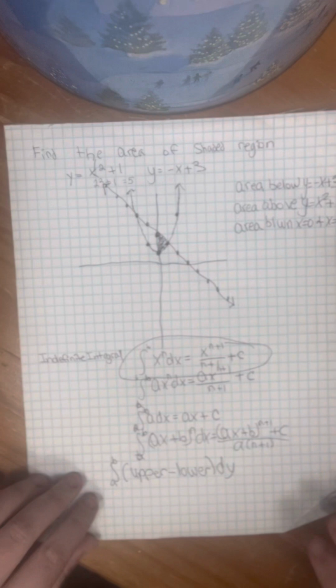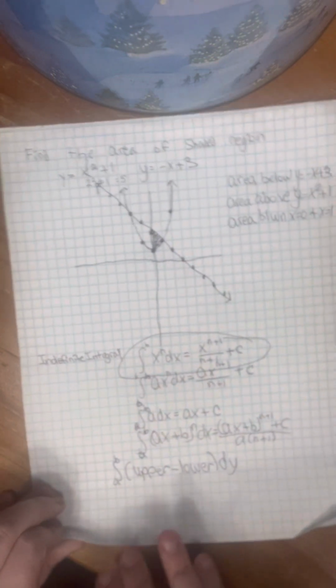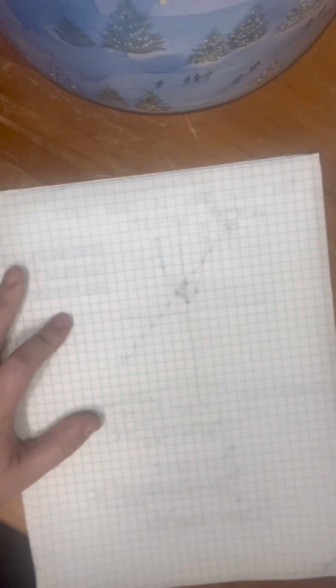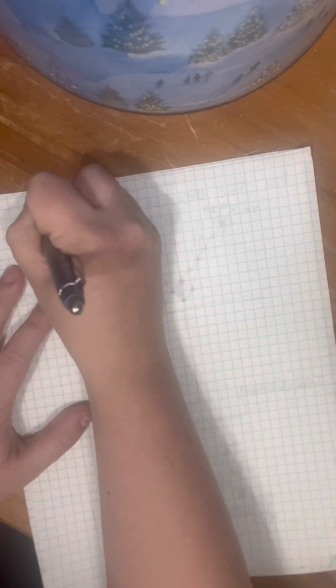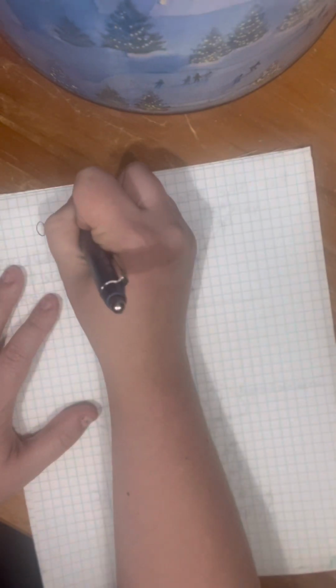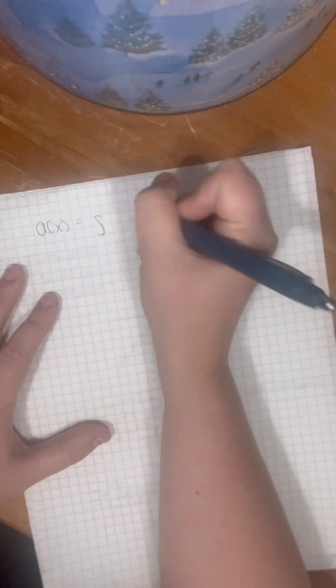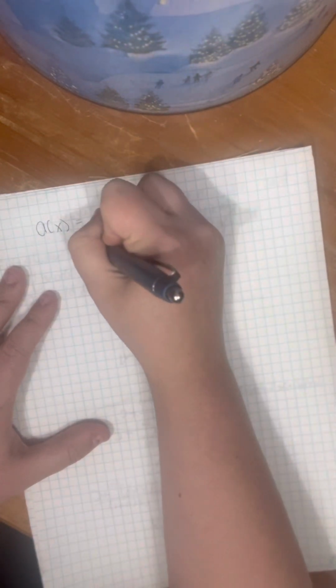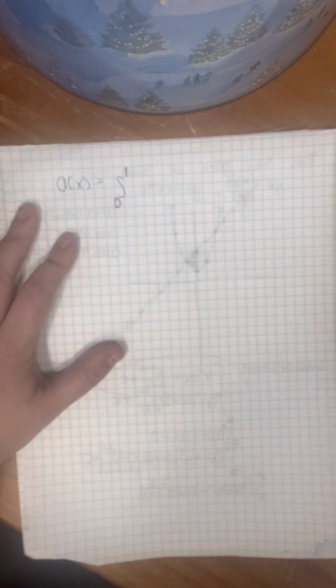So, for our integral, we're going to have the area of the functions in between them. It's going to be B to A, so that's between 1 and 0 of our graph points for x.